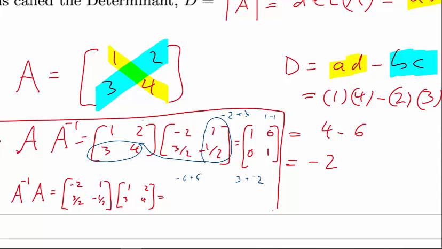Right, so let me circle them. This one, 1 goes there, okay. This one times that one. So let's write out the calculation. We have negative 2 plus 3.